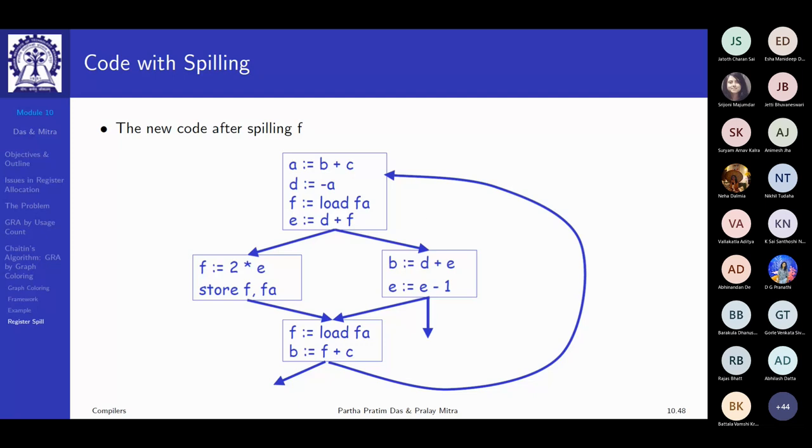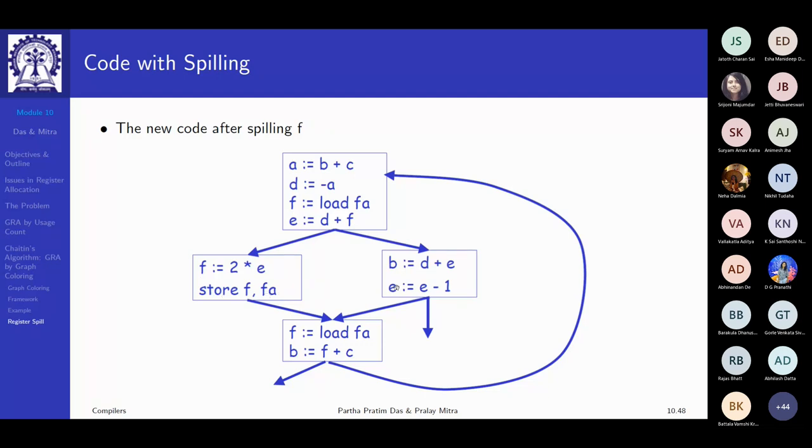Now I change my code. You can see here F has a use. So before that, I introduce a load statement, F assigned load FA. Similarly, here in the block on the left, I have F assigned 2 times E. A new F is computed, so I have to update the memory: store F to FA.